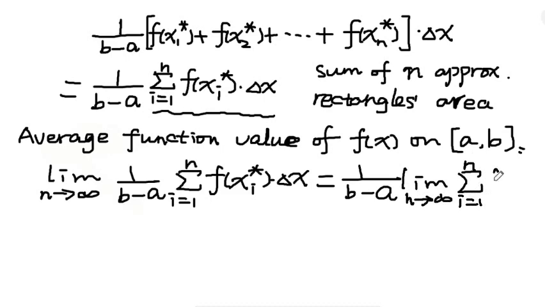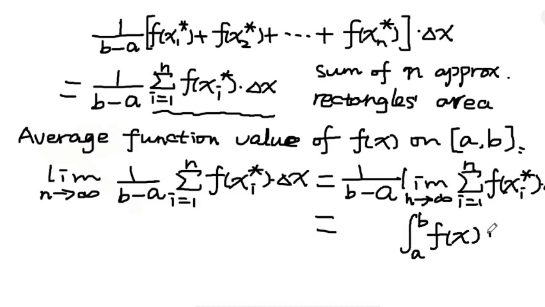How can we rewrite this part as a definite integral? According to the definition, this limit of the Riemann sum is the definite integral from a to b of f(x) dx, right? Then we keep the constant 1 over b minus a.